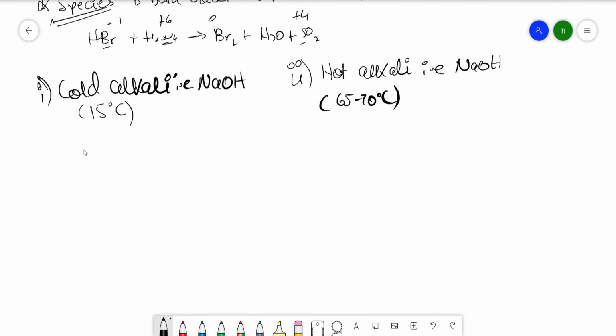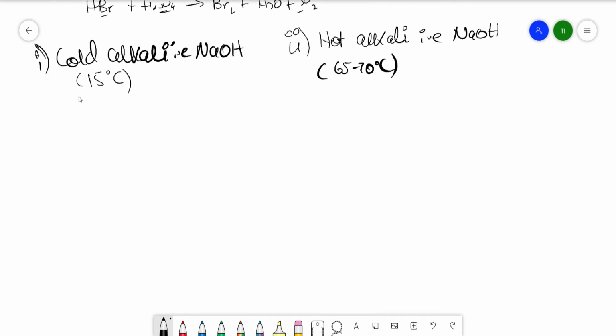The example with cold alkali is Cl2 plus NaOH, which gives you NaCl plus NaClO plus H2O.